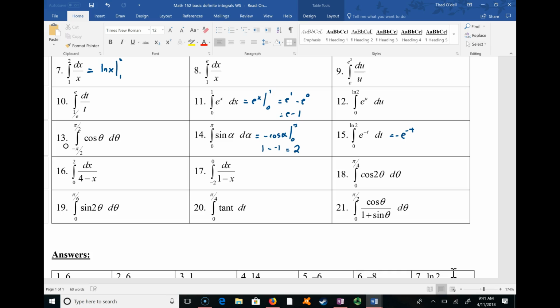See number 20 down there? Tangent. We haven't learned that. Is tangent the derivative of anything? Secant squared?